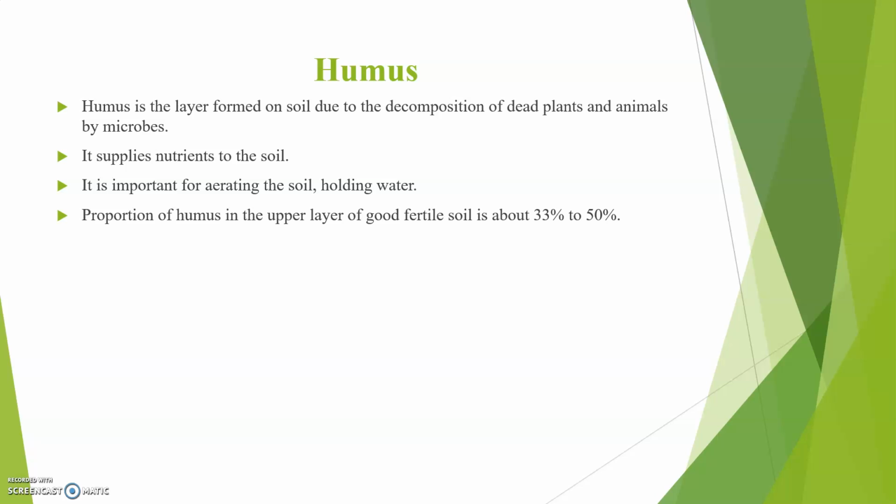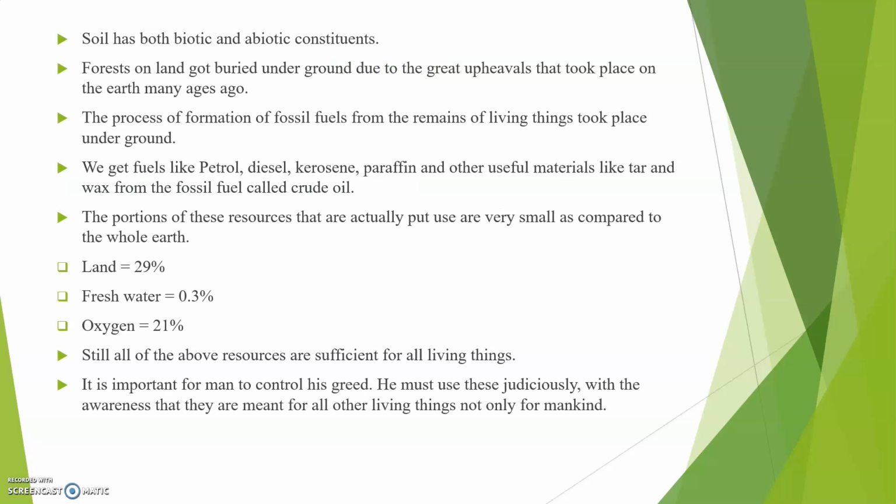It is important for aerating soil and holding the water inside the soil. The proportion of humus in the upper layer of good fertile soil is 33% to 50%, approximately 45%. Soil has both biotic and abiotic constituents, right? Living as well as non-living constituents.